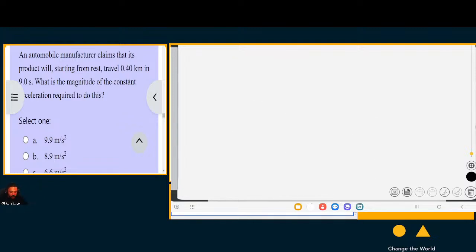So we have a half times the acceleration is equal to the final distance minus initial minus v_i times t over time squared.